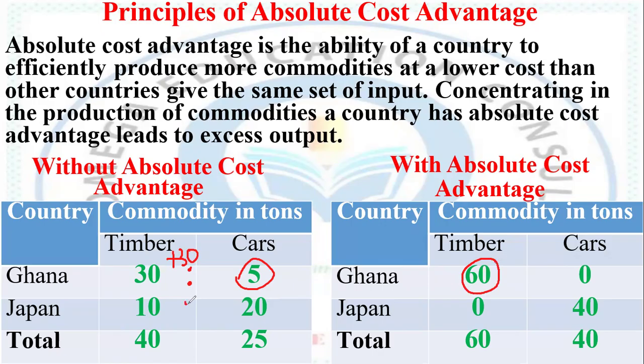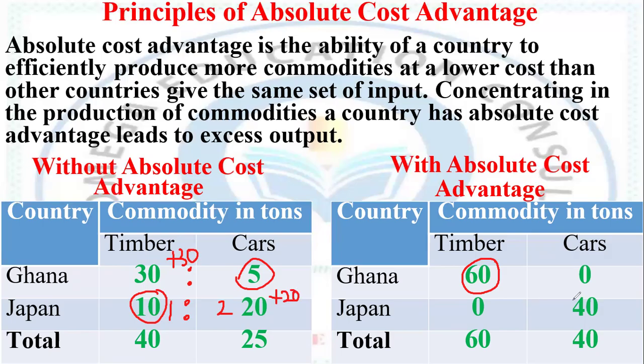Now, for Japan, we are having 10:20. So in simpler terms, we have 1:2, meaning every 1 ton of timber will give Japan 2 tons of cars. So if you convert 10 tons of timber to that of cars, that will give Japan additional 20 tons of cars.